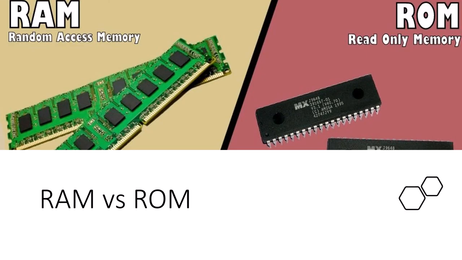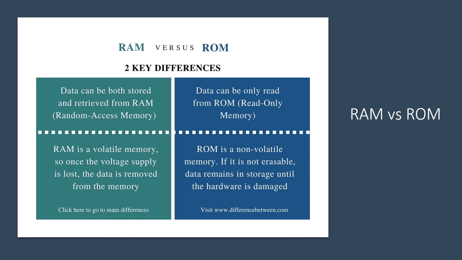Now let's summarize by looking at what exactly is the difference between RAM and ROM. You should be able to think of these points from a few minutes before. The data in RAM can both be stored and retrieved, whereas the data in ROM, read-only memory, can only be read. You cannot write to it. You cannot edit your Windows or your operating system. The RAM is volatile.